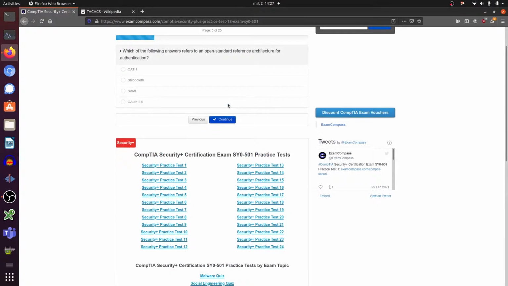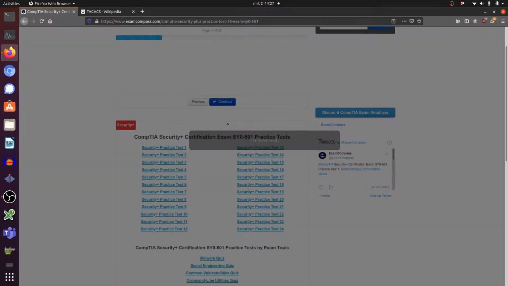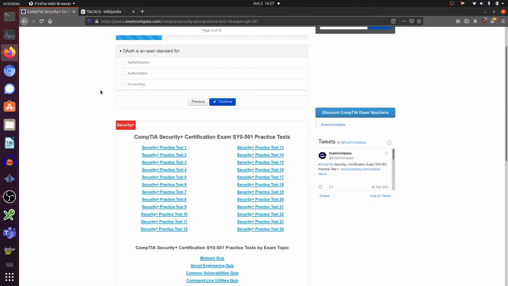Which of the following answers refers to an open standard reference architecture for authentication? Open standard. Usually has an O in it, right? For open source or open. In this case also, it's this one. Continue. OAuth is an open standard for... This is so easy because this already says open authentication. So it has to be authentication.